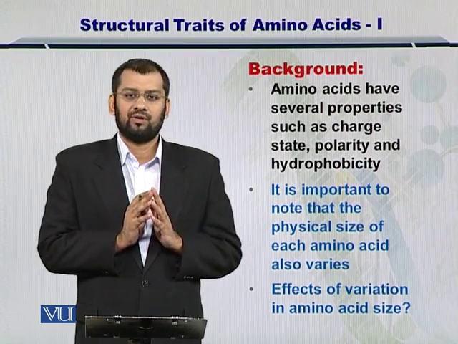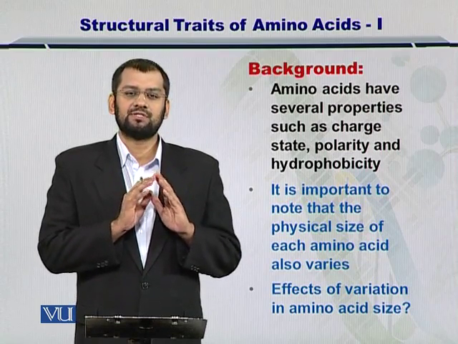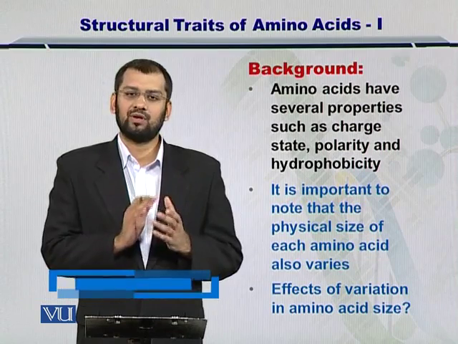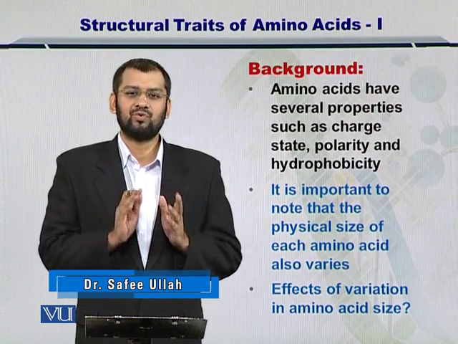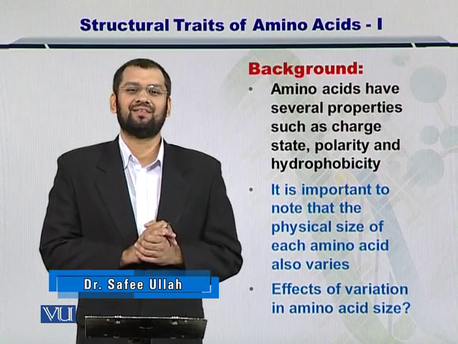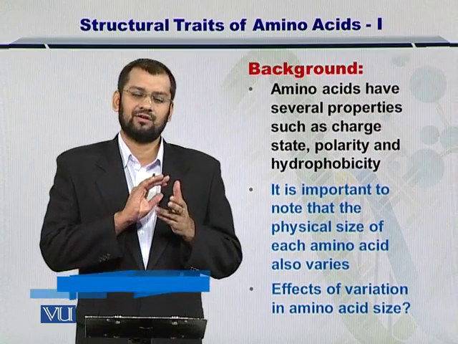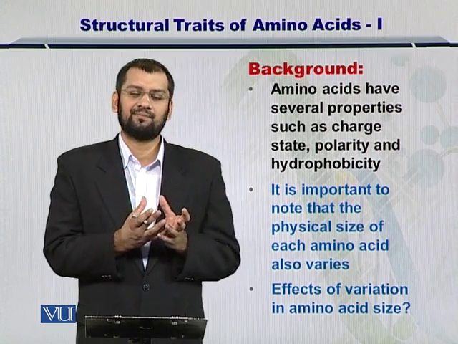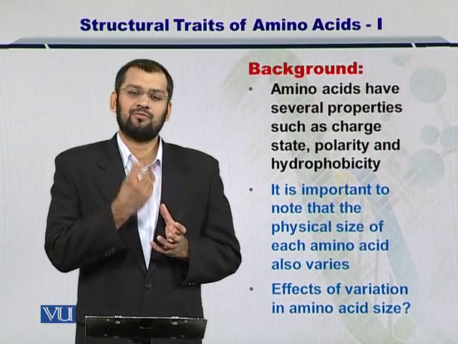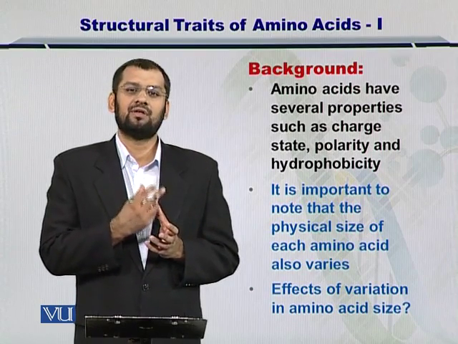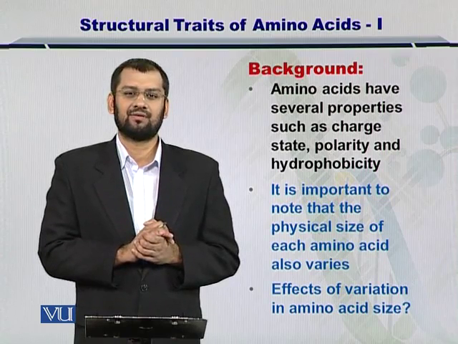Each of these amino acids has a different shape and size. There are 20 amino acids and no two amino acids are exactly the same. So if they vary in their size and their structure, then what is the effect of these sizes and structures?